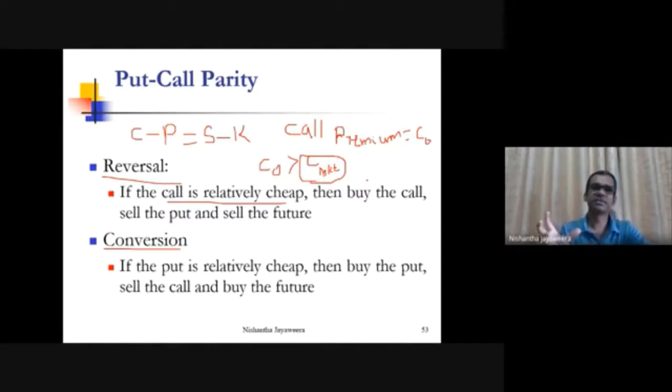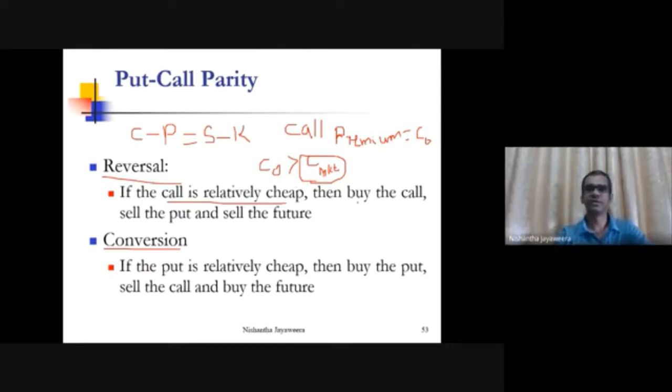Synthetically sell a call option. Sorry, yes, since you have already bought. So what do you do? Sell the put option and sell the future. Then you can cover your position.